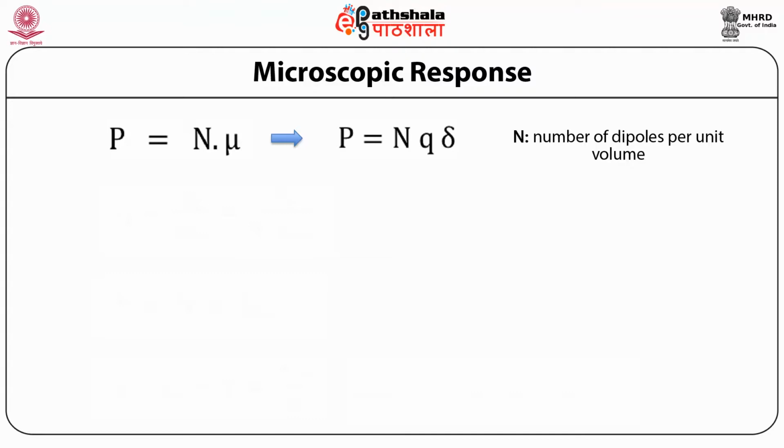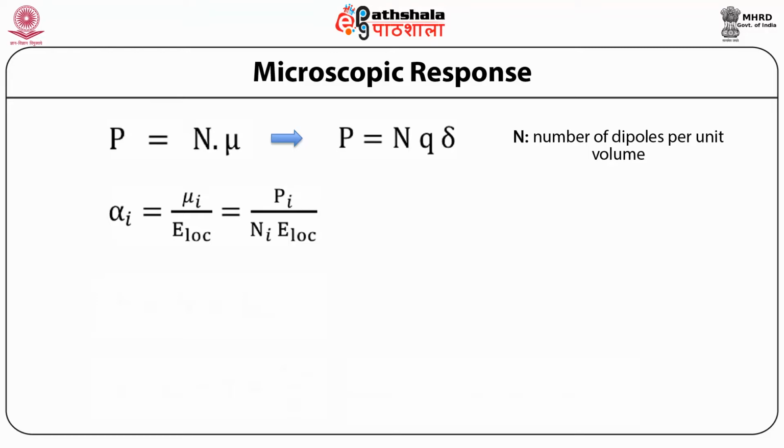Further, the polarizability of an ion or atom in a dipole of type i is defined by alpha i, which is equal to mu i divided by E local, which is equal to P i divided by N i into E local. Here E local is the local electric field experienced by an atom, ion or molecule, which can be different from the applied field.